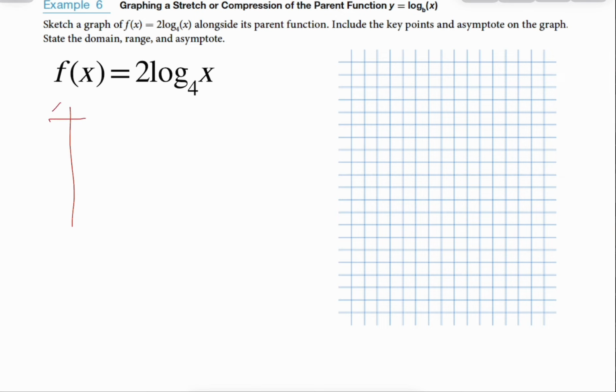So our parent function, I'll call g of x, is just log base 4 of x. So I would plug into that 1/4, 1, and 4 to get my -1, 0, and 1. So let's put that on there.